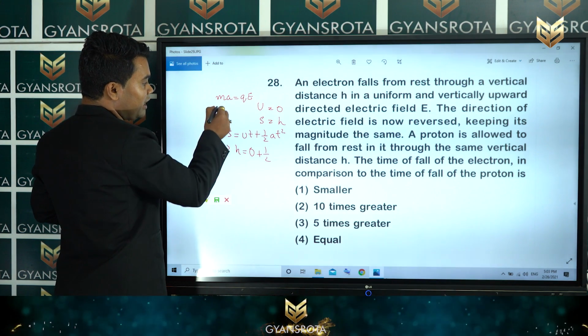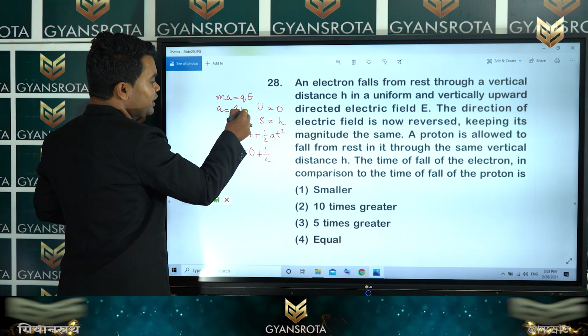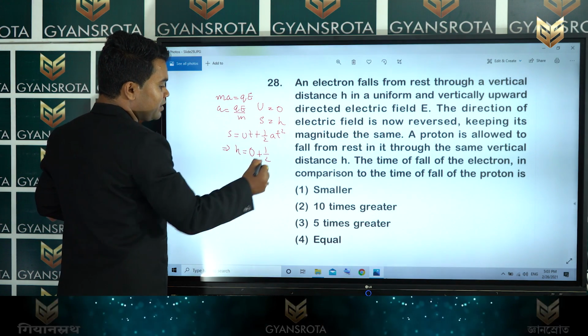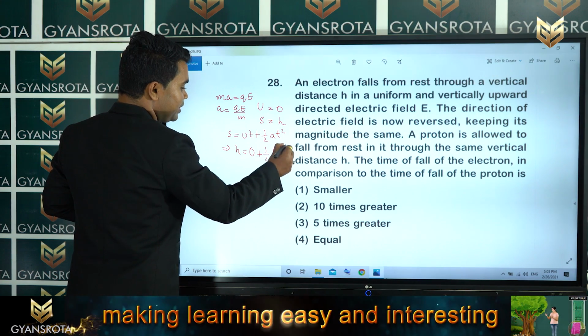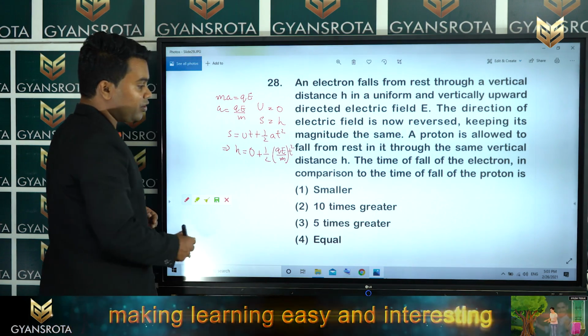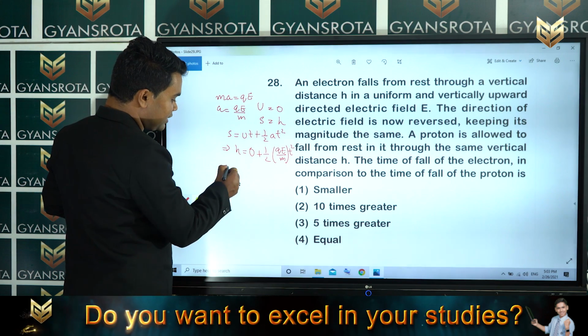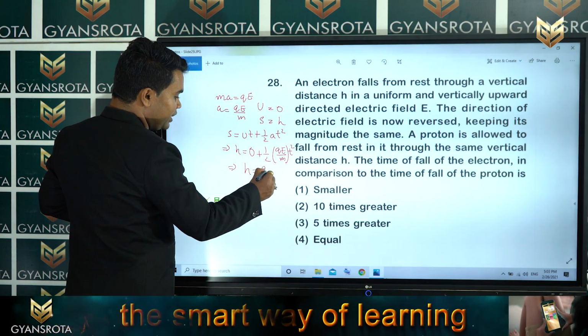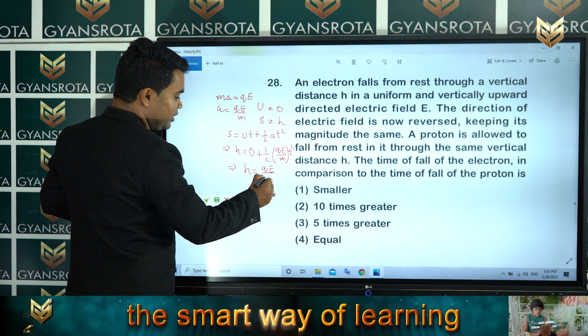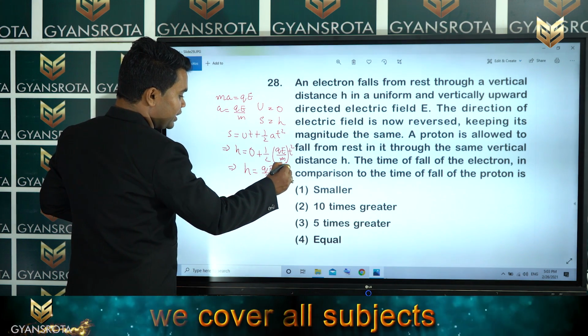So your a will be equal to qE by m. So it will be half times qE by m times t square. Now if you look at the equation very nicely, you are going to get h equals qE by twice m times t square.